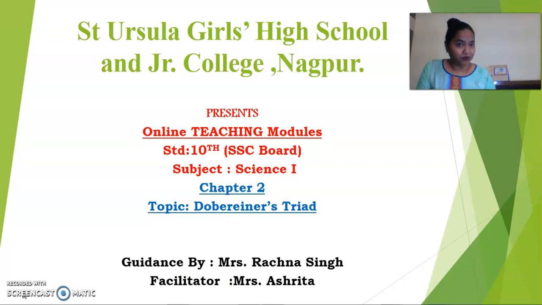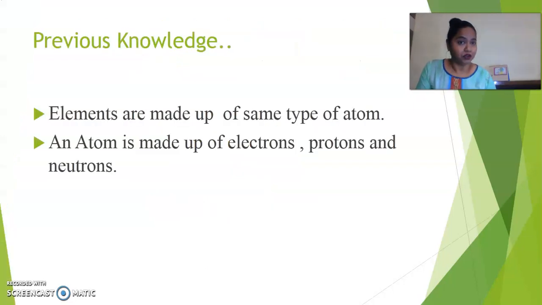In this module, we will be dealing with Dobereiner's triads from Chapter 2. Before we start with the topic, let us have a quick recap from the previous module. In the previous module, we spoke about elements. We understood that all elements are made up of the same type of atoms.